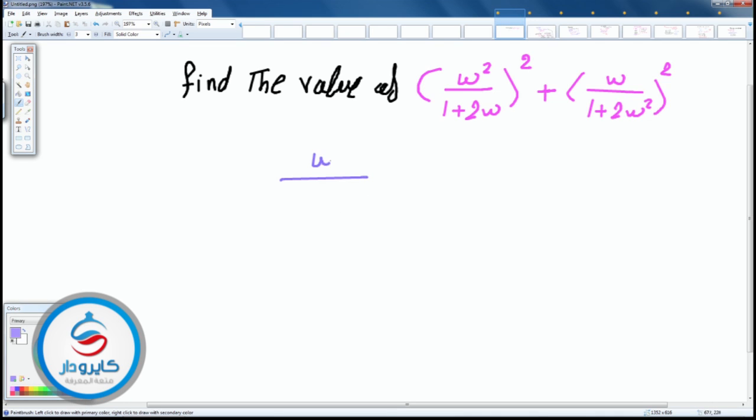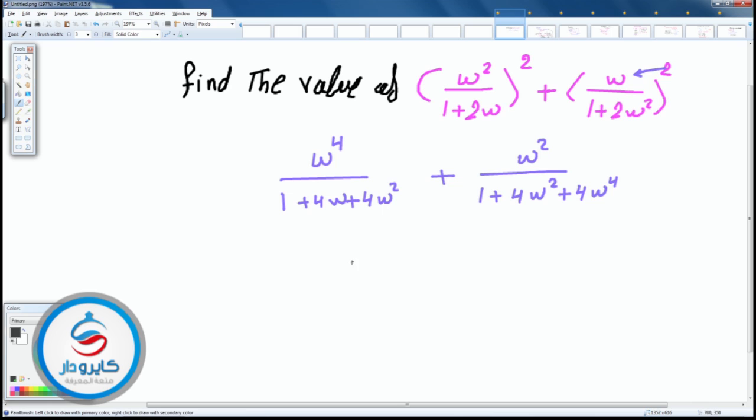We have omega power of 4, and the denominator it will be 1 plus 4 omega square plus 4 omega, and here we have power of 2 up and down, it will be omega square, and this is 1, 4 omega power of 4, and this is 4 omega square.